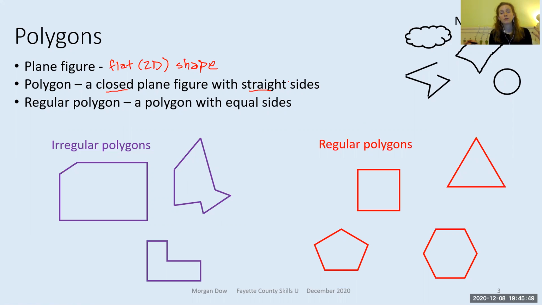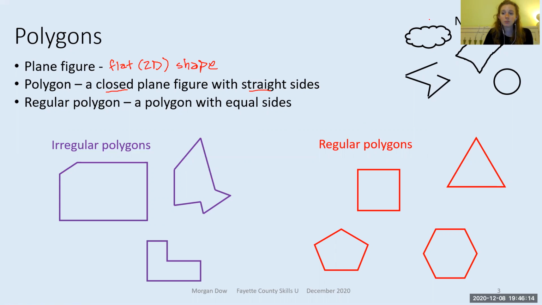So last week we talked about rectangles, squares, parallelograms, trapezoids, triangles, rhombuses. Those are all examples of polygons. They are closed flat shapes with straight sides. The only shape we talked about last week that is not a polygon is a circle. So a circle doesn't have straight sides, so it's not a polygon.